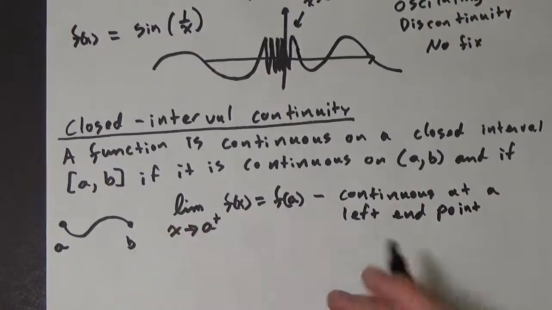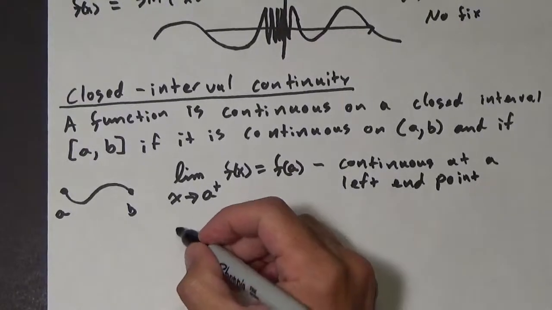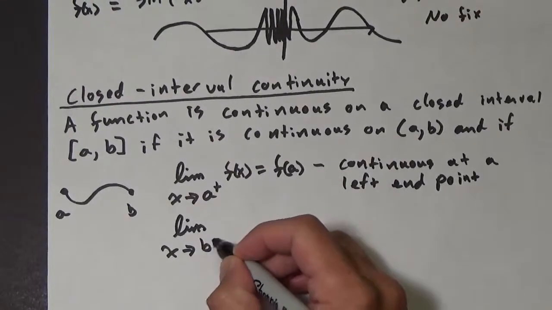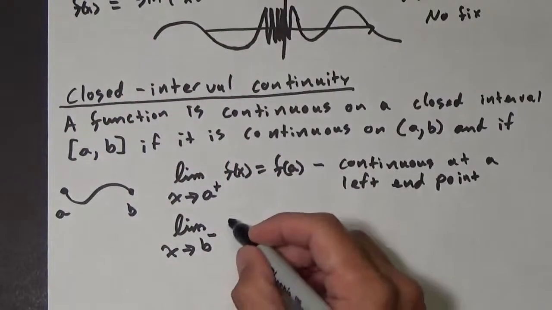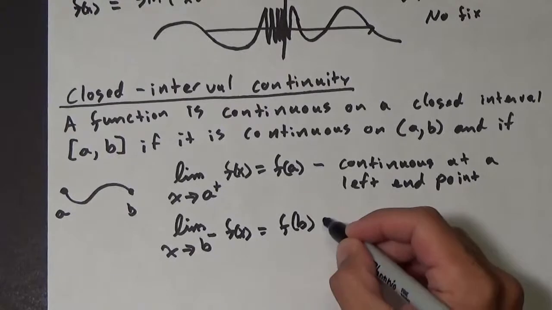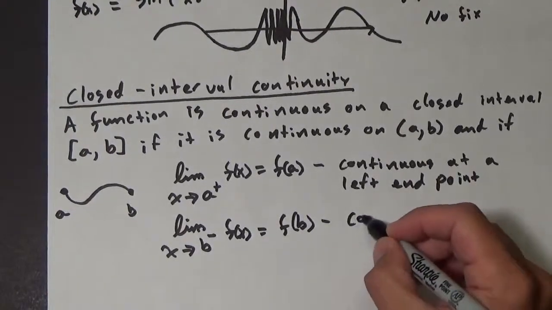And then this is b. For point b, it would be the limit as x approaches b from the left side of f of x equals f of b. And this is continuous at a right endpoint.